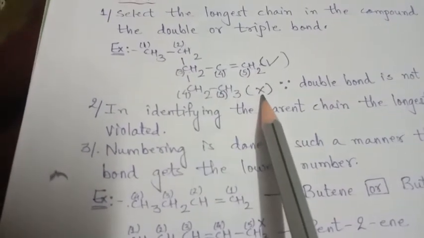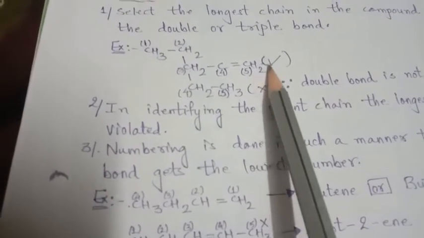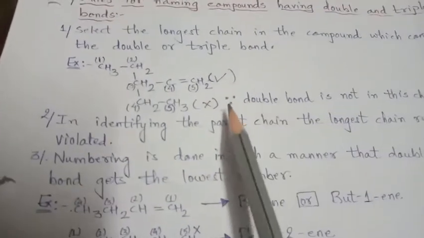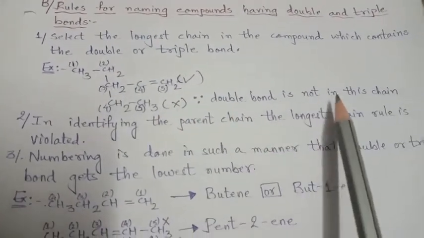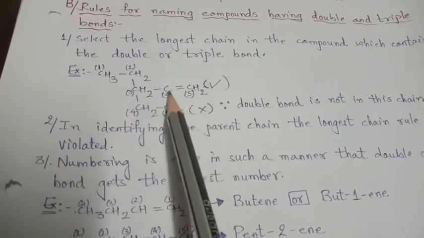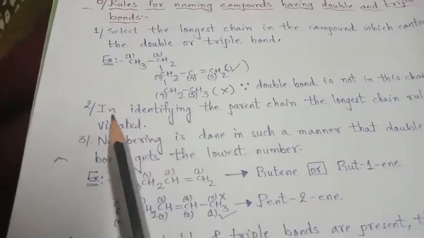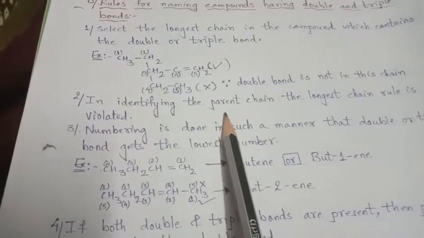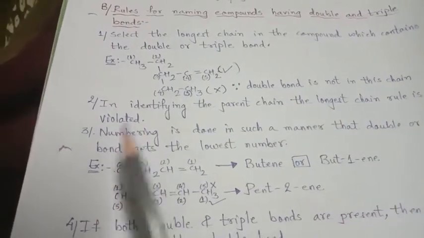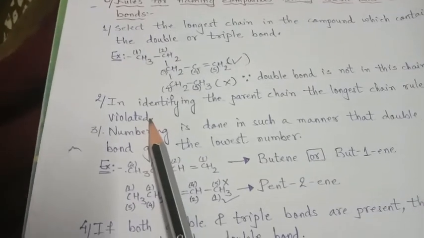Then also this number we are not going to give, and we are supposed to give this. Why? Because in this chain the double bond is not present, and in this chain the double bond is present. So for double and triple bonds, in identifying the parent chain, the longest chain rule is violated. What do you mean by violated here?